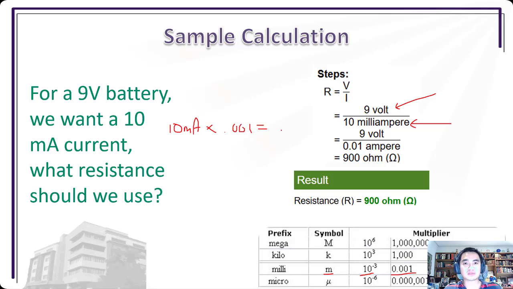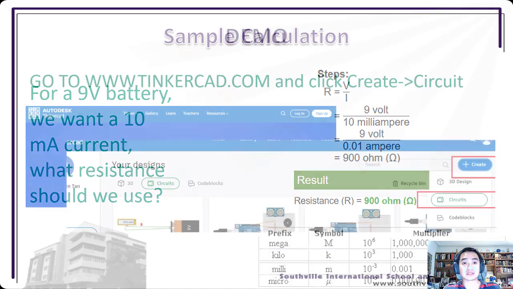This equals 0.01 amperes. That's why you'll see 0.01 amperes here. So 9 volts divided by 0.01 amperes will give us 900 ohms. So now we know what to put in our basic circuit.